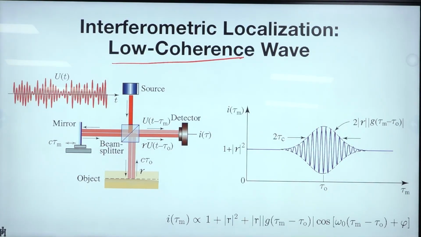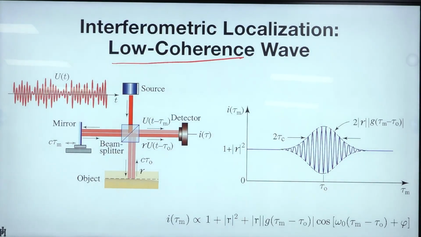For example, an LED source or any light bulb kind of source, this is probably an LED, this is white light. It emits red, orange, yellow, green, all colors of light simultaneously. But all these colors are completely independent of each other. There is no phase relationship between one wave and another.